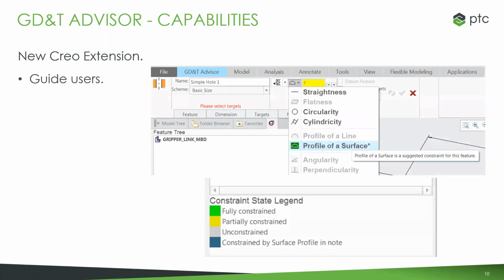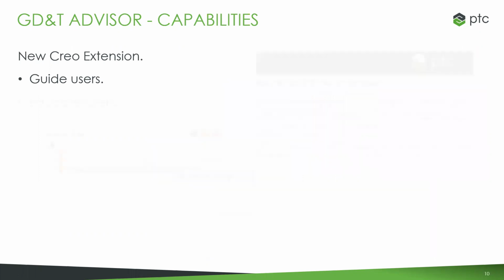Now, at its core, it's a guide for users. So for example, say you go to apply a certain tolerance, it will give you suggestions based on the part or the feature that you selected. And it also won't allow you to apply a tolerance if, for example, it was invalid for a certain feature. It also informs you which features are fully constrained, which parts are unconstrained, or lets you know if you're somewhere in the middle as well.